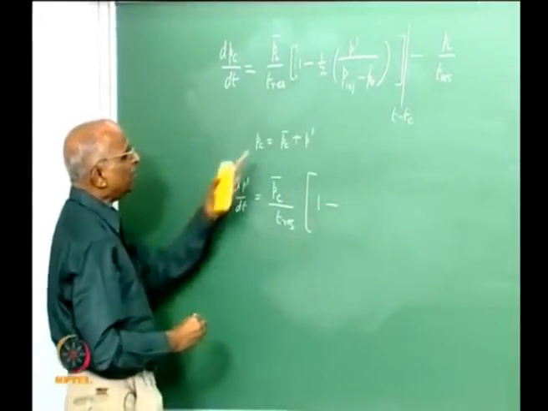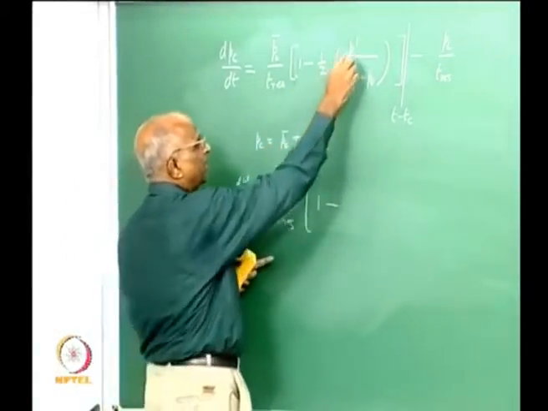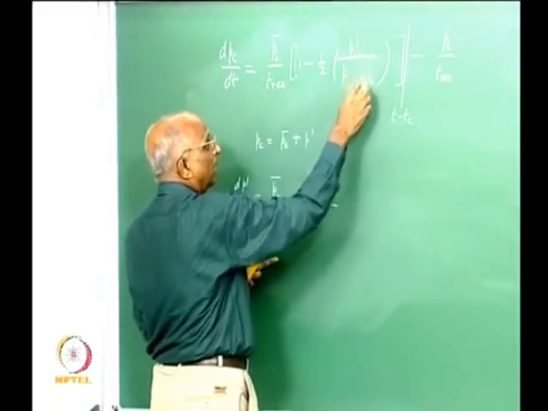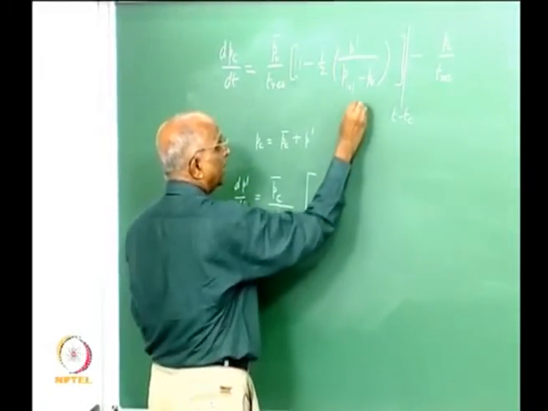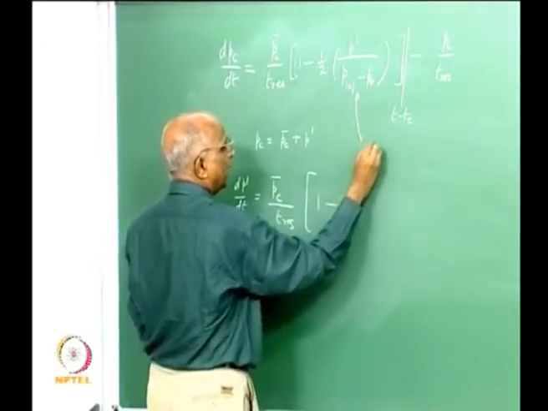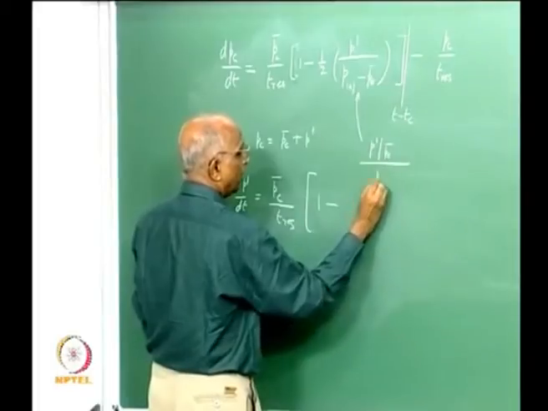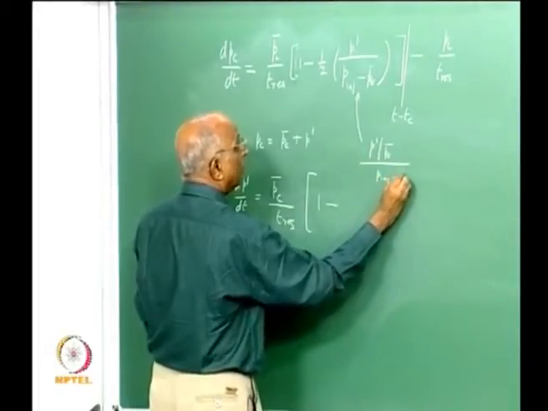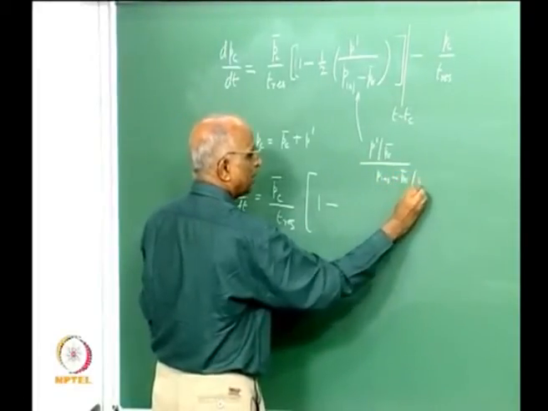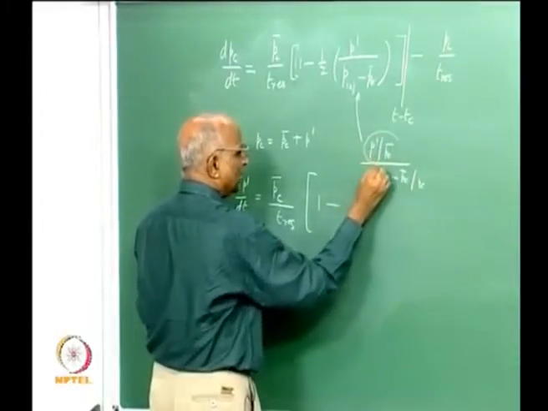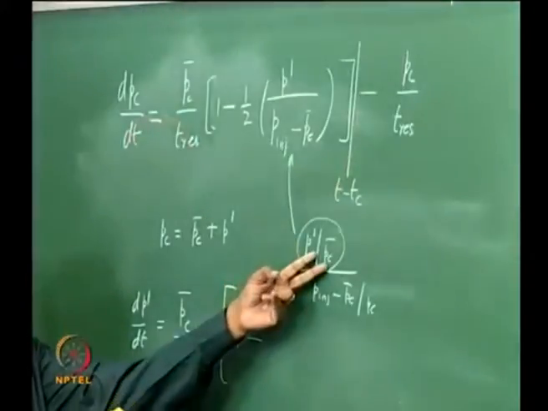minus. If I were to make a manipulation and divide the numerator by Pc bar and denominator by Pc bar, I can write this thing within brackets as maybe P prime by Pc bar divided by P injected minus Pc bar divided by Pc bar, and this is the magnitude of the perturbation above the mean.